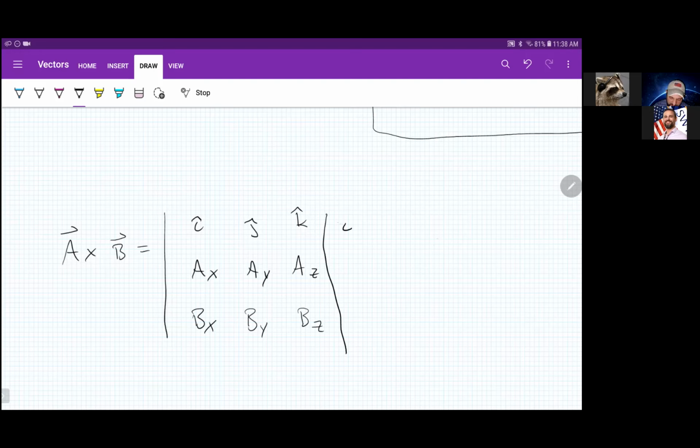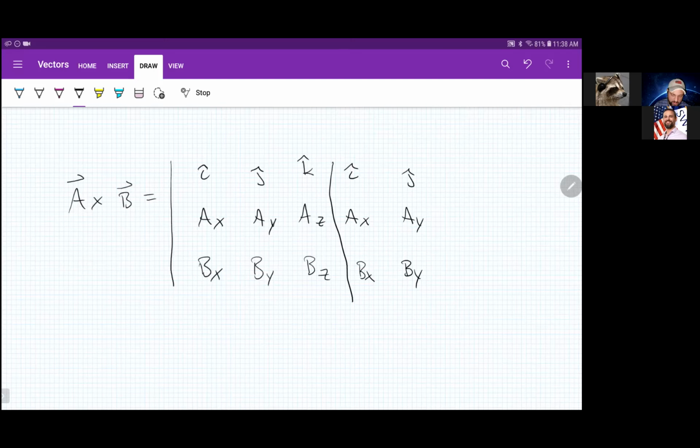So I'm going to write I and J, AX, AY, BX, BY. Right? And then what we do is we multiply where there's 3 in a row diagonally. So it would go this way, and this way, and then this way, and this way.